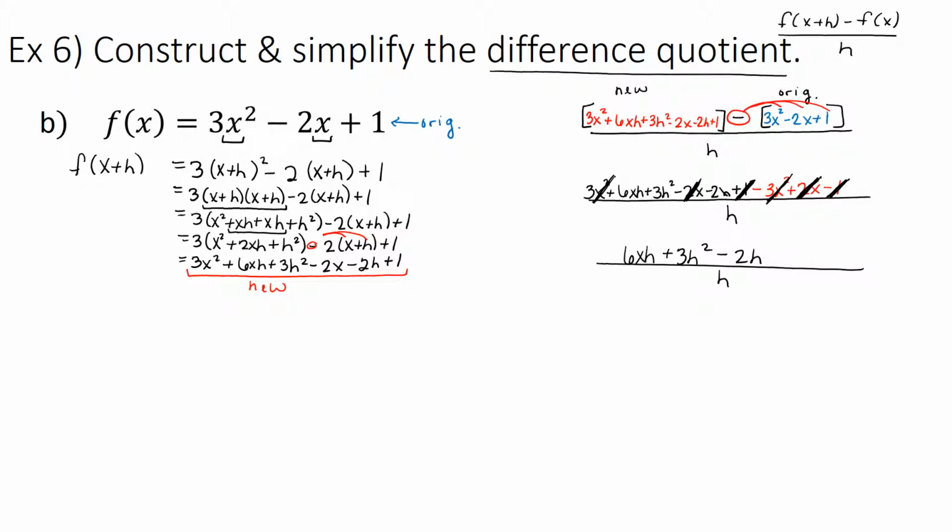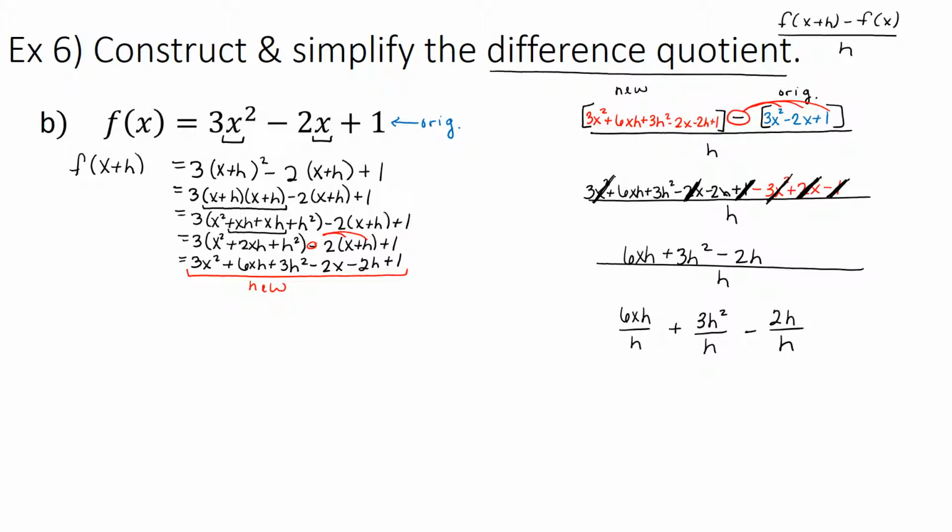So to simplify, I strongly suggest you write these as individual fractions: 6xh over h plus 3h squared over h minus 2h over h. This just prevents a lot of errors that I've noticed.